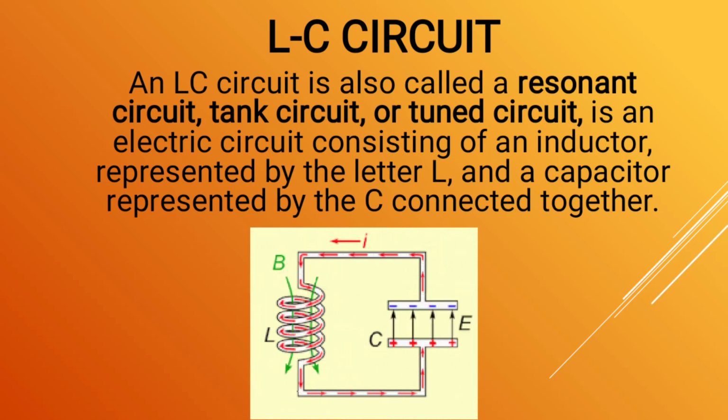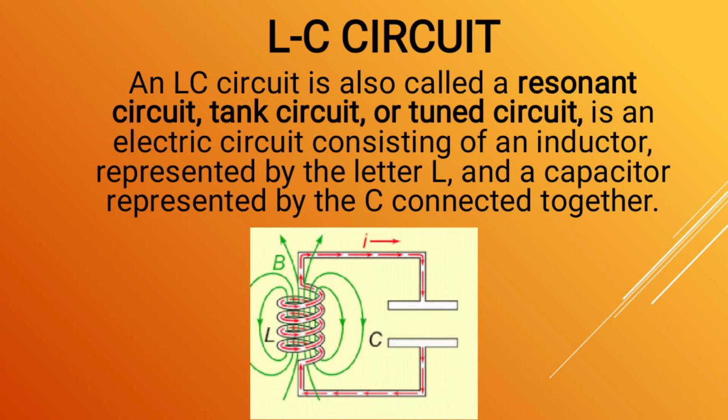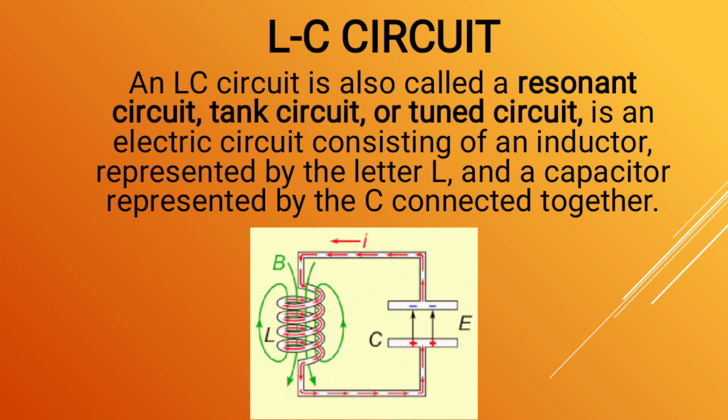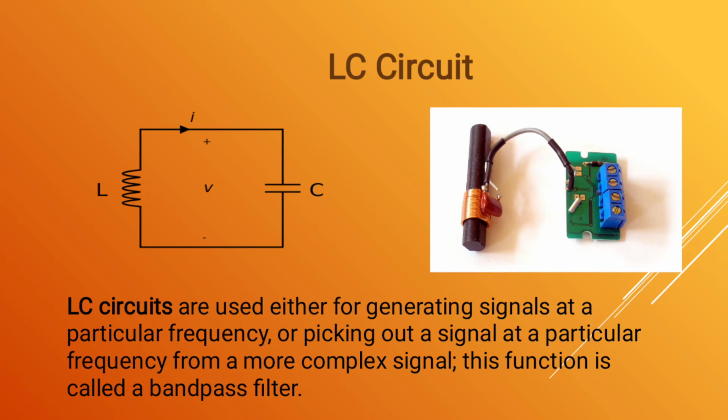The circuit can act as an electrical resonator, an electrical analog of a tuning fork, storing energy and oscillating at the circuit's resonant frequency. LC circuits are used either for generating signals at a particular frequency or picking out a signal at a particular frequency from a more complex signal. This function is called a bandpass filter.